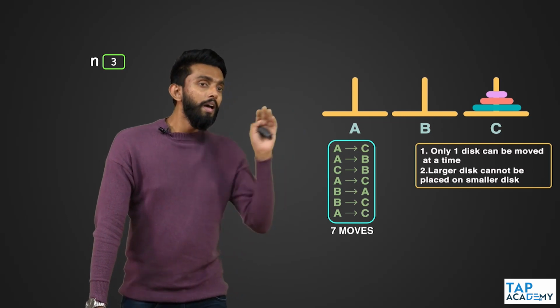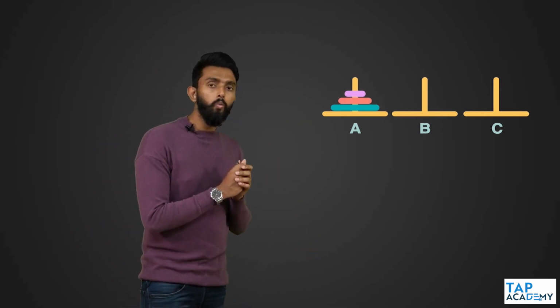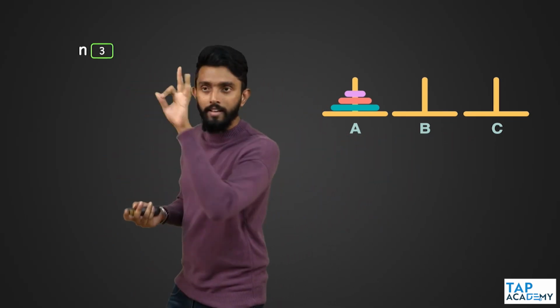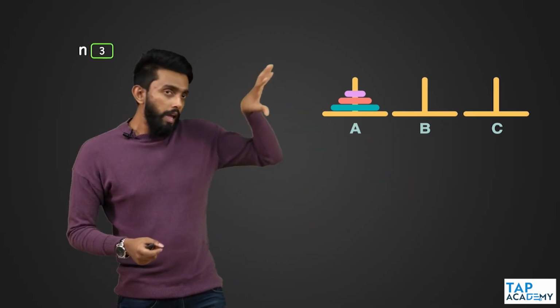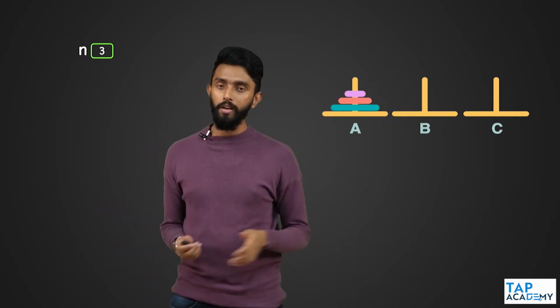Let me show you. Guys, now what I'm trying to say is, let me just bring the Tower of Hanoi problem again to you. Now, this is the problem where n is 3. N discs have to be moved from this source to destination, from A to C ultimately.